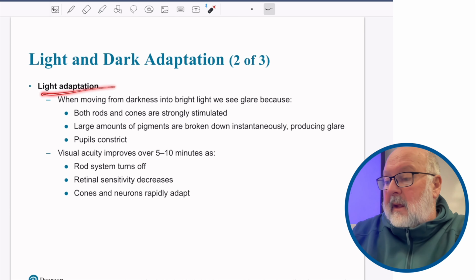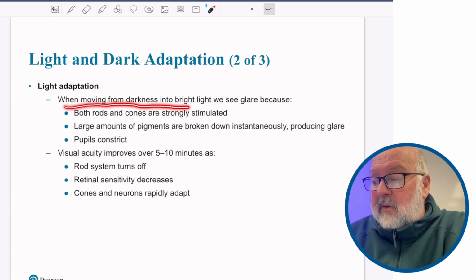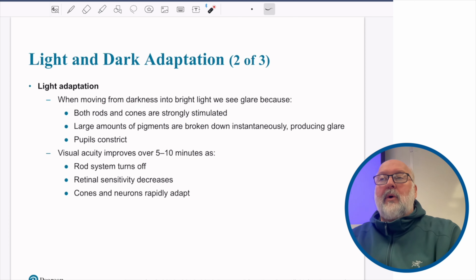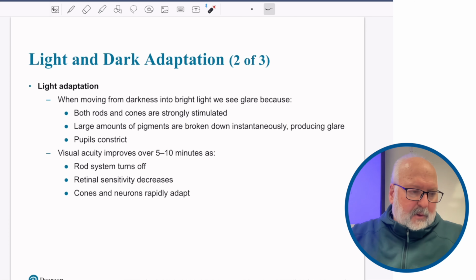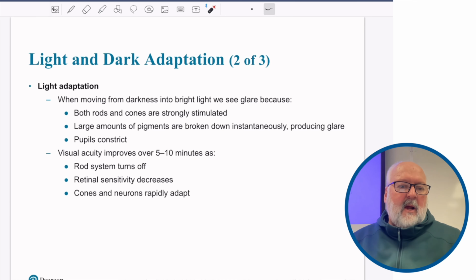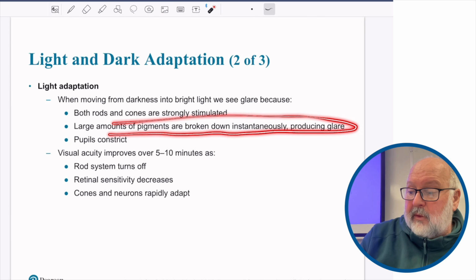Now, light adaptation is when you're moving from darkness into a bright light. So you're in a dark room, you head off into a beautiful warm summer day, a lot of brilliant sunlight, and you get a bit of a glare for a short period of time, because both the rods and the cones get stimulated quite quickly, and a large amount of pigment gets broken down and gives you that glare.